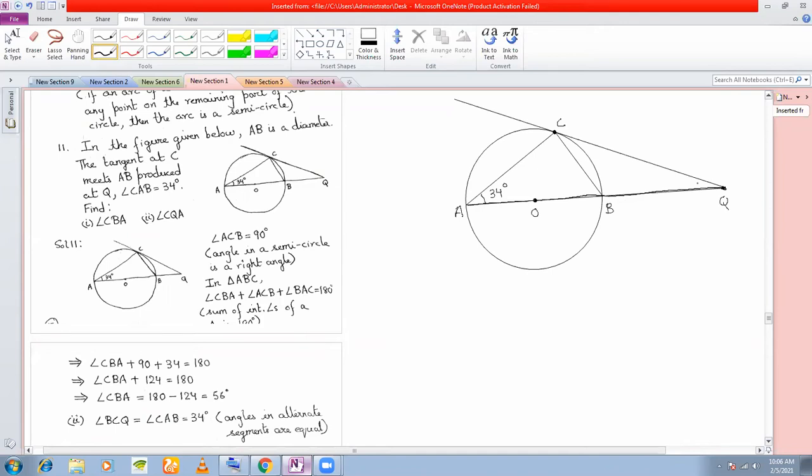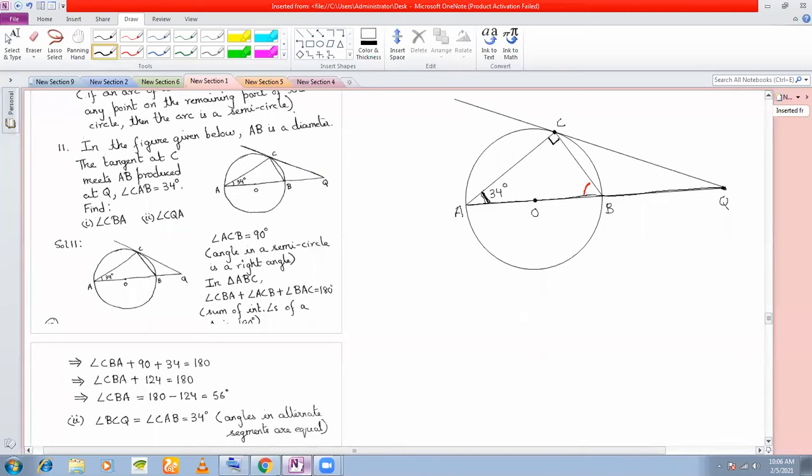If angle CAB is equal to 34 degrees, so this angle is given to you as 34 degrees. Question is find angle CBA. So first angle that you need to find is CBA. Now this is fairly simple because you know that AB is a diameter.